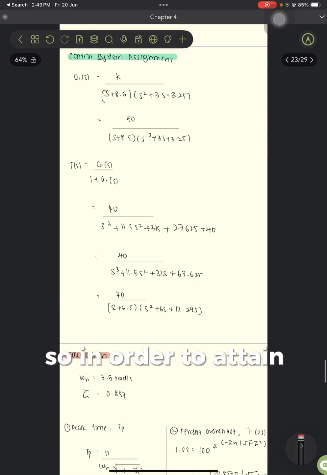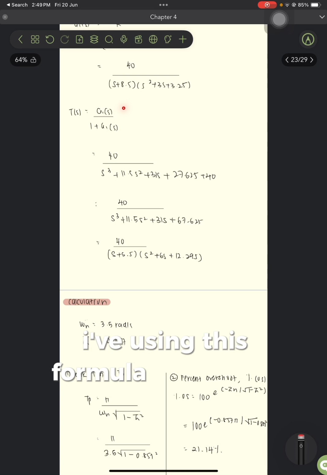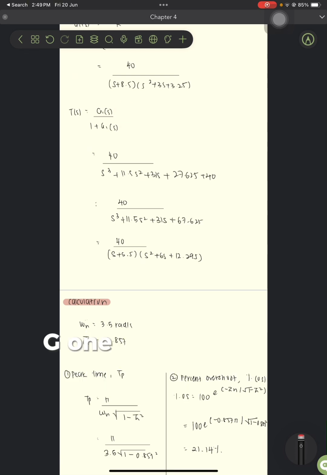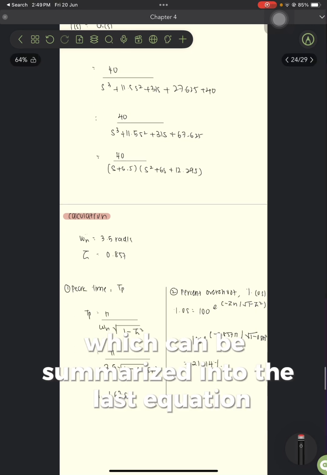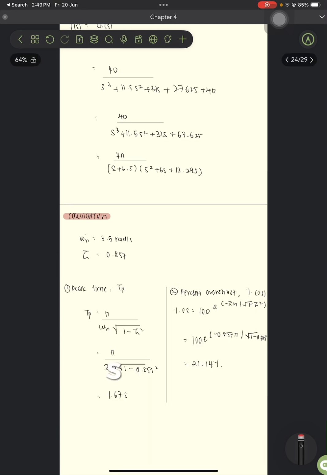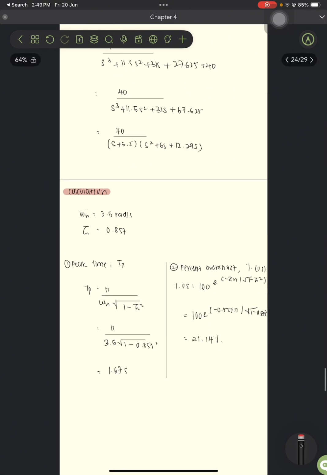In order to attain the closed-loop transfer function, I'm using this formula, which is G1 over 1 plus G1. By utilizing this, I attain the equation, which can be summarized into the last equation, which is 40 over (s + 5.5) multiplied with (s² + 6s + 12.295).